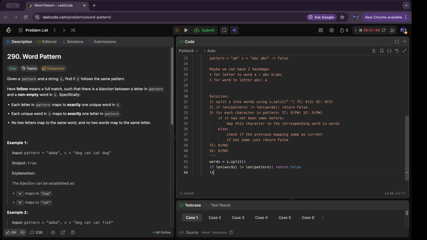So we have letter, and have two dictionaries.